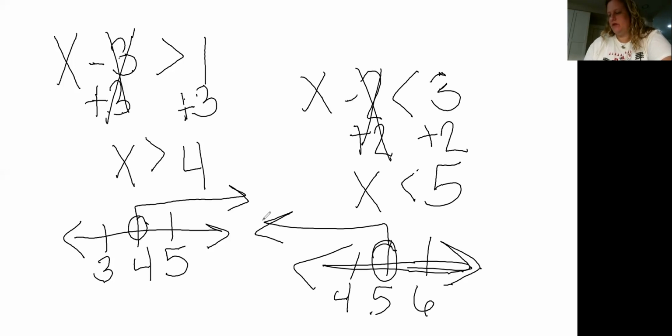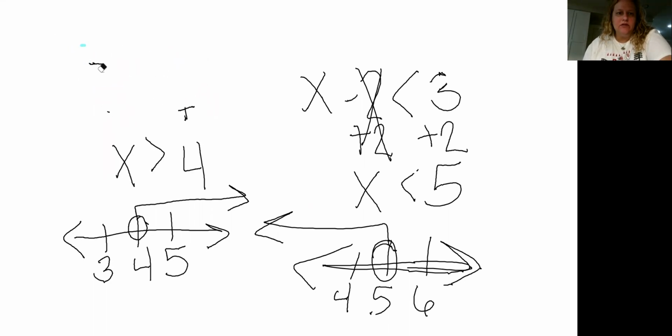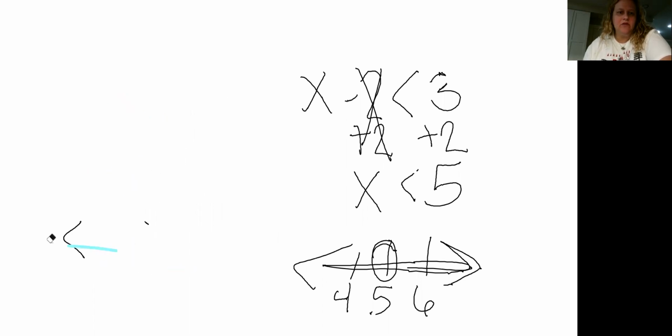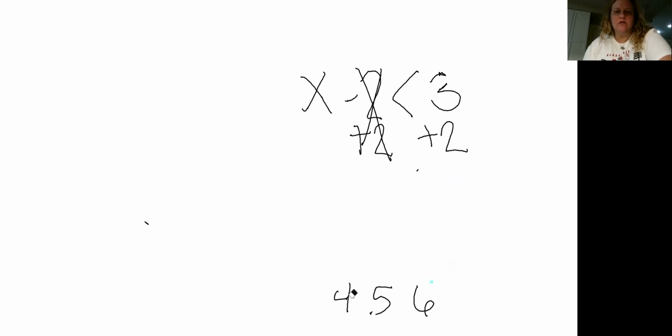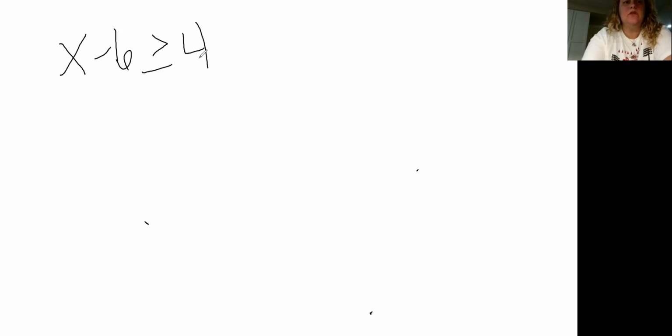Okay, so let's do a couple more. Let's erase here. All right, so x minus 6 is greater than or equal to 4, plus 6 to cancel out, plus 6.